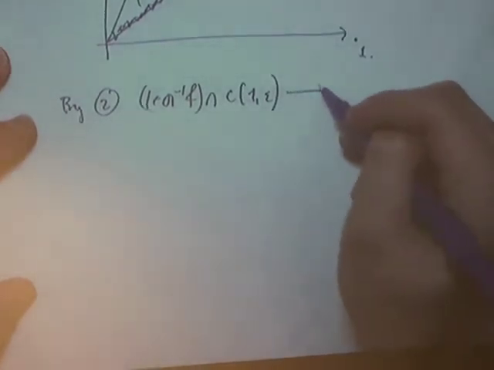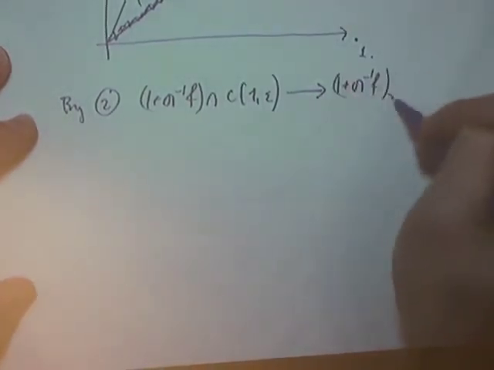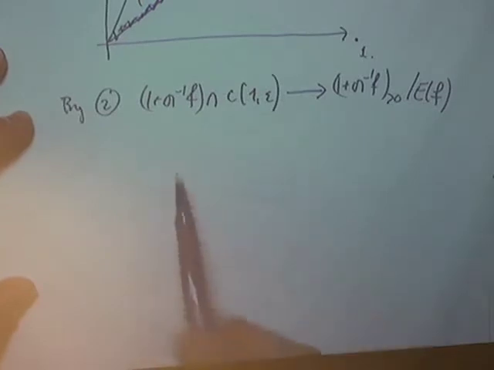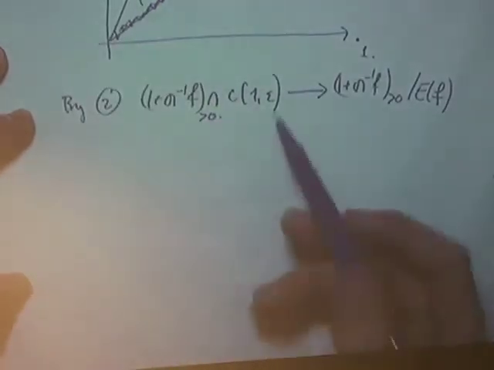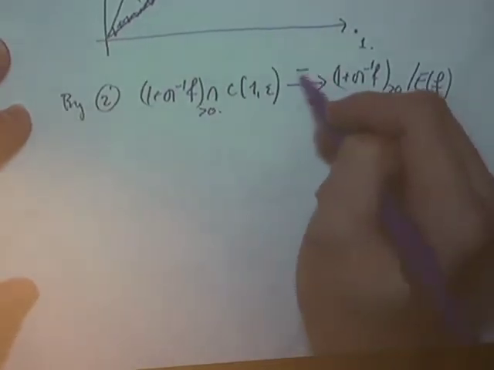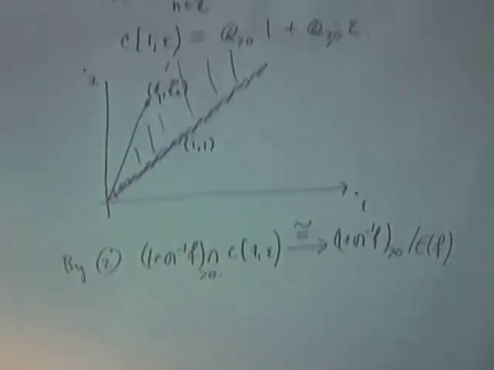So if we look at the map from here into 1 plus A inverse F positive mod E_F, just induced by the inclusion map of this into this, I guess if I'm going to do that I should say it's positive, although it's sort of redundant because C is in the positive quadrant, then this is an isomorphism because this is a disjoint union.